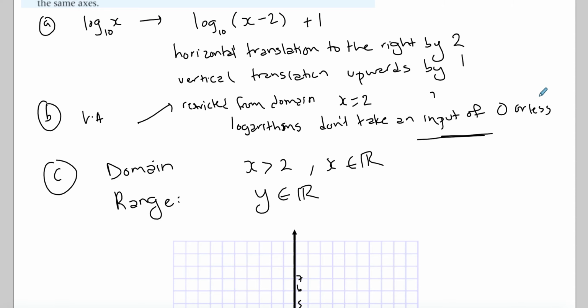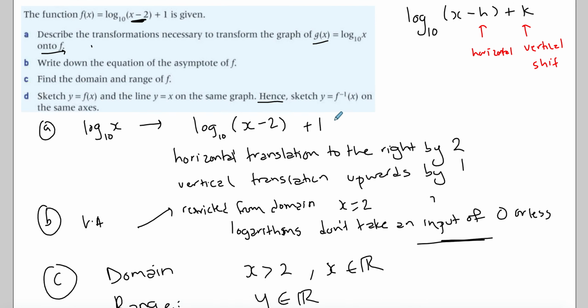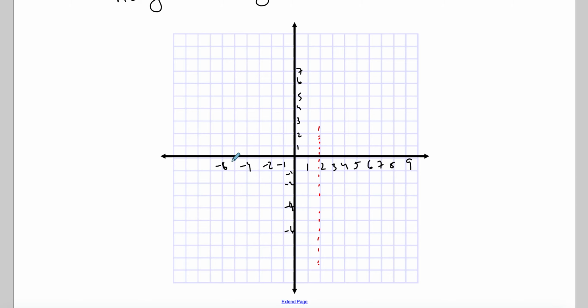And again, you can try these in a calculator, and you'll still get an error. So your input in logarithm functions, this x minus 2 inside here, has to be bigger than 0, which means I won't be able to use any of the numbers here because it's going to give me a negative.